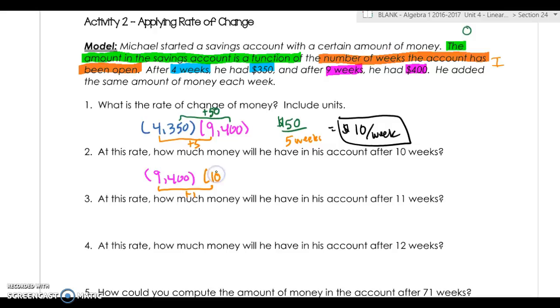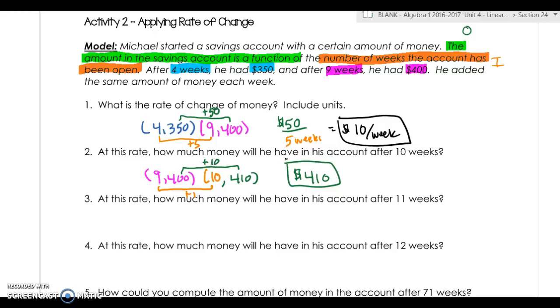So that gives us the 10. We know that every week we're adding $10. So if it's been 1 week, we would expect to add $10 to the account. So our $400 balance, I should say, not deposit, will become $410. So that's how much is going to be in the account after the 10th week.